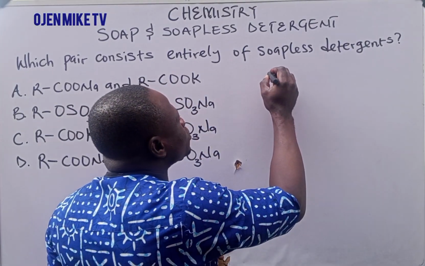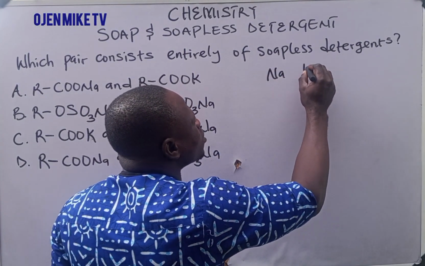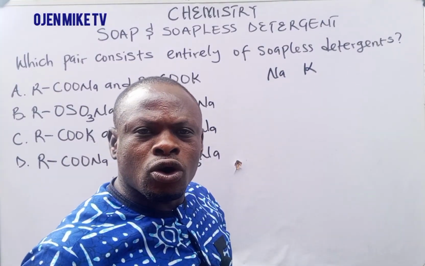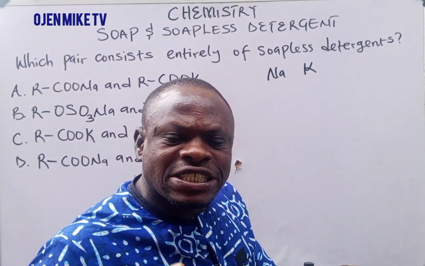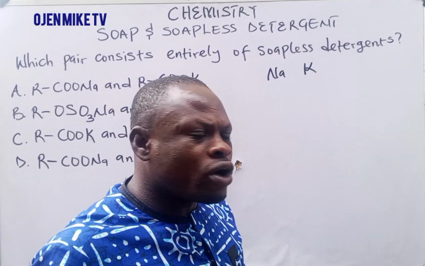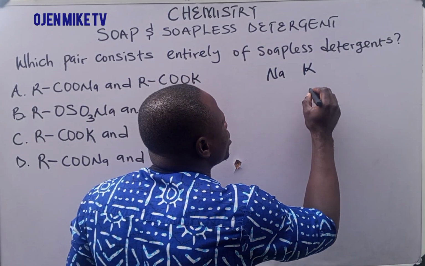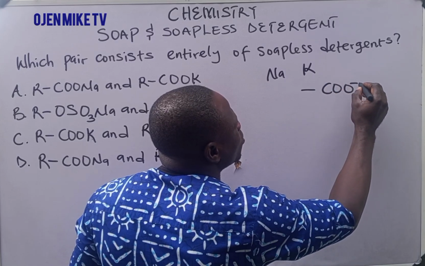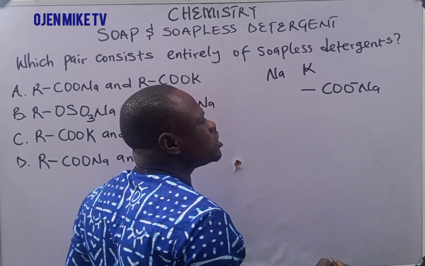Now, before going into the answer to this question, when we talk about soap, soap is made up of a salt of either potassium or sodium combined with what? With a long chain fatty acid. Long chain what? Fatty acid, which can be, of course, COOH. When you see a compound like this, it's soap.